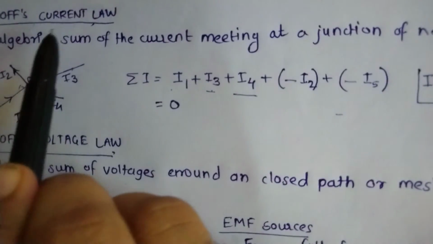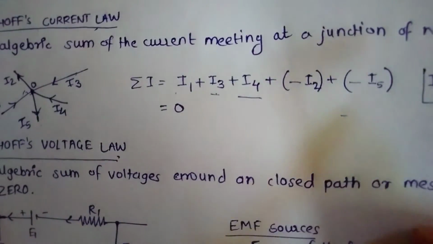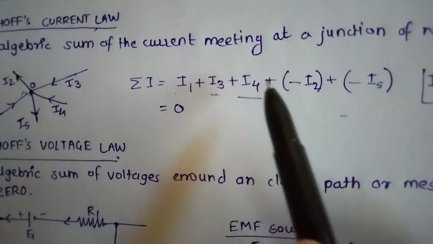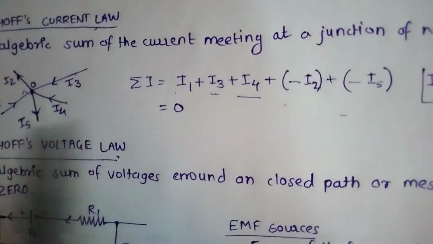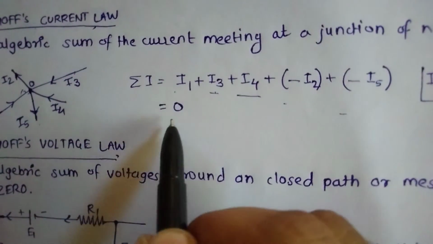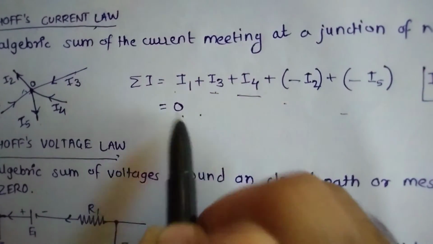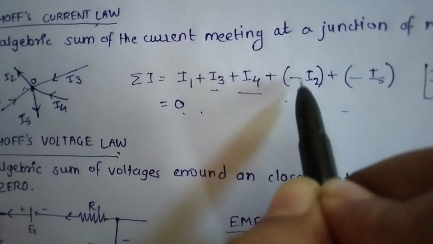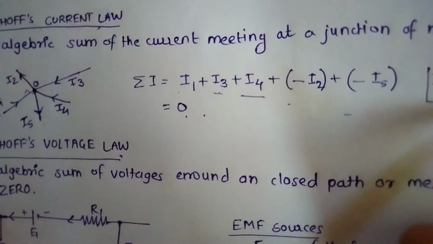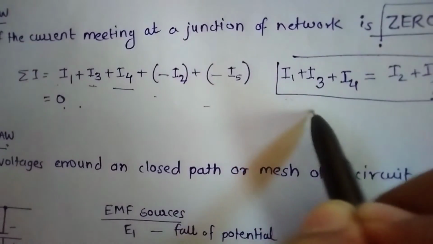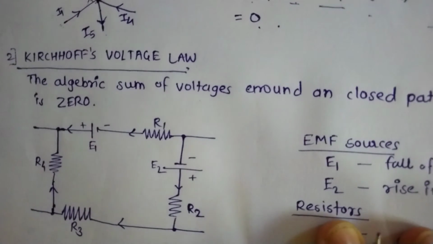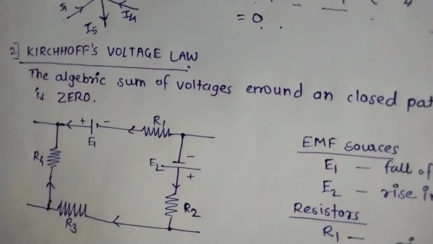What Kirchhoff's current law is saying is that the summation of all the currents at the junction is 0, right? So we take all these currents with the sign convention considered, and then we get this formula. Okay, next is Kirchhoff's voltage law.